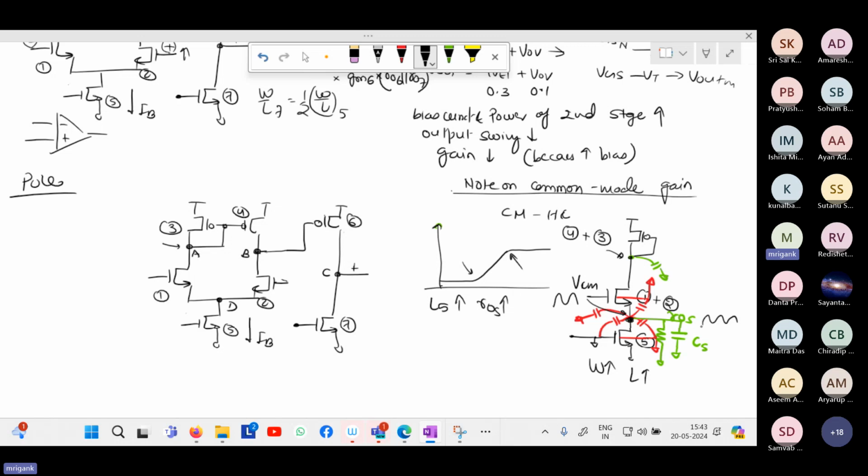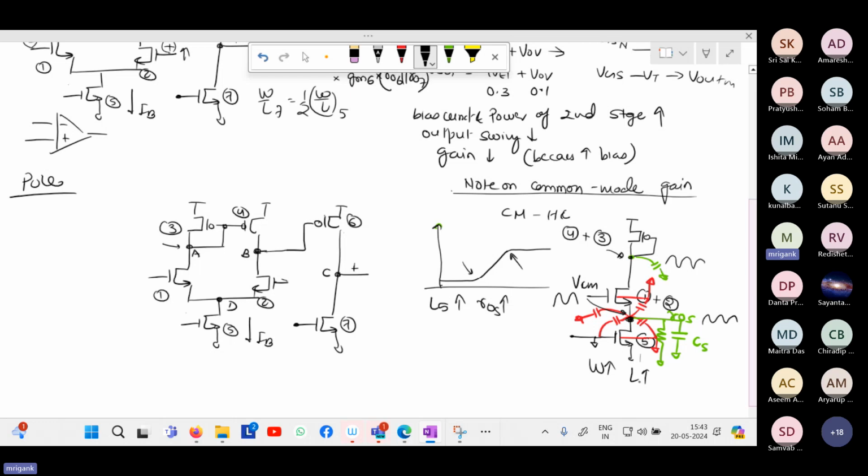But if because of this signal change at the source you're not changing the current much, the current remains constant and unaffected by this signal, then you have a good current source and you are not going to get much signal at the output. Only if the current in M5 changes because of the drain signal getting changed will it lead to a change in the output signal. Otherwise, it will not. So with a completely ideal current source, whatever be the common mode voltage at the gate, it will not have any change. As a result, output will also not change.